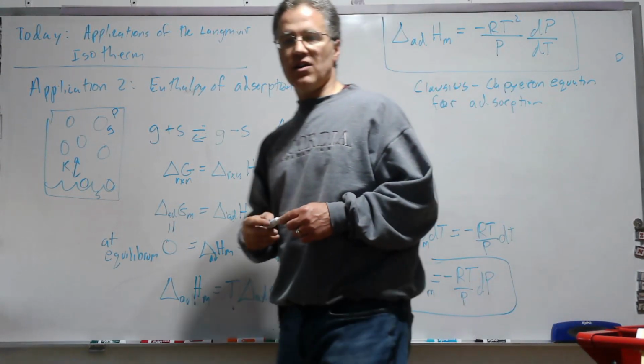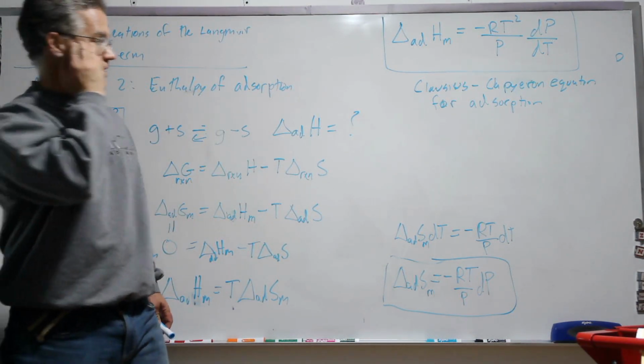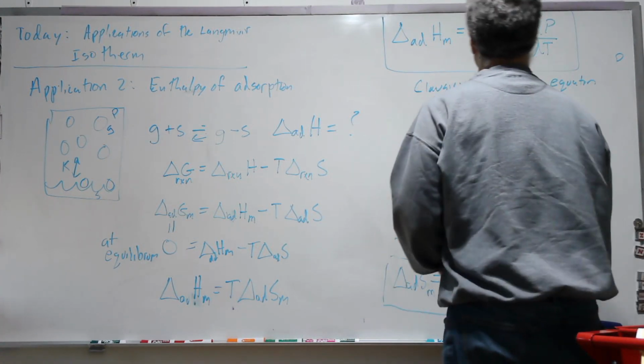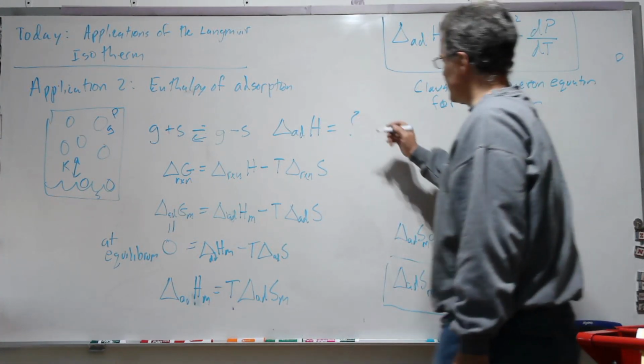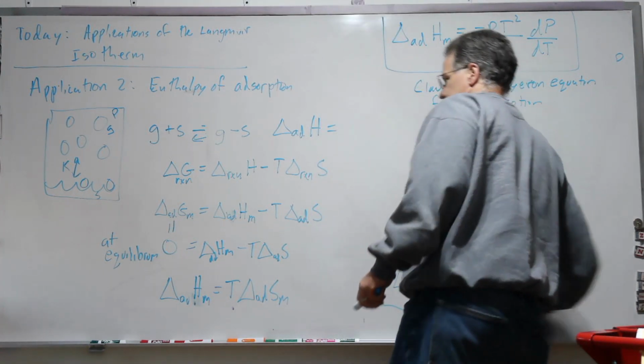So this would be the analog of a vapor to liquid Clausius-Clapeyron equation. So to answer our original question, then we would just multiply by n.